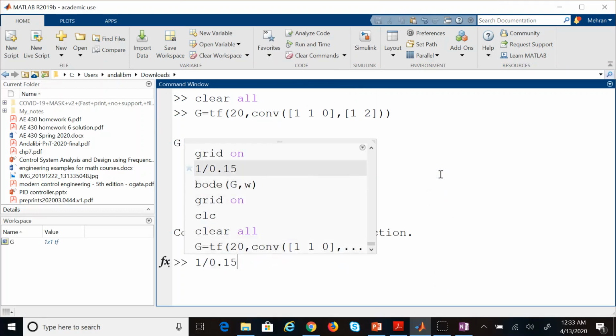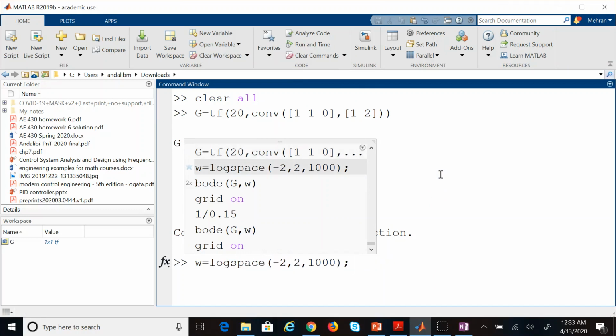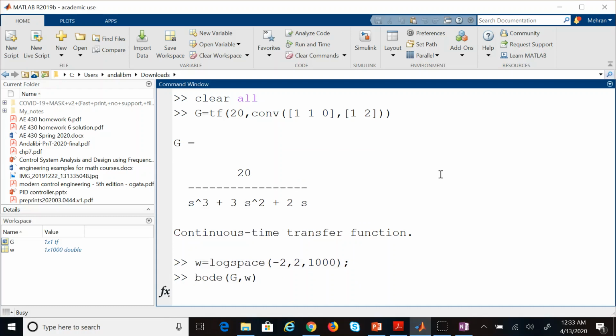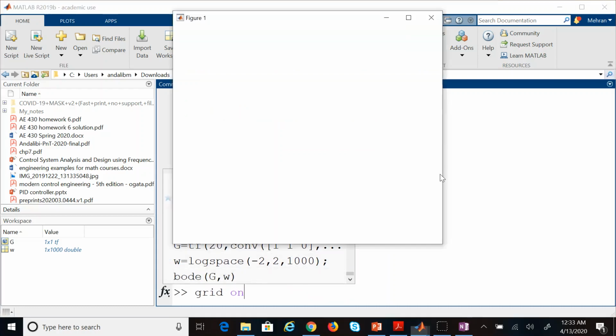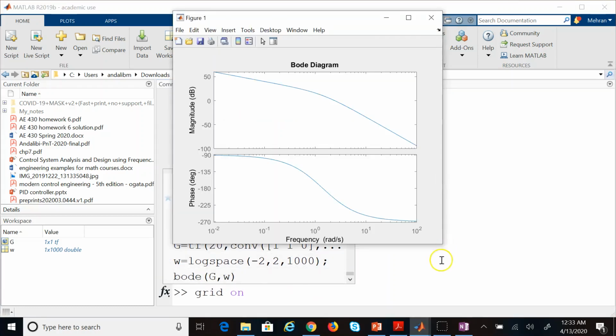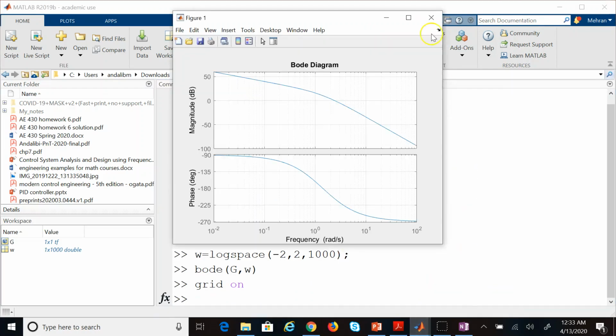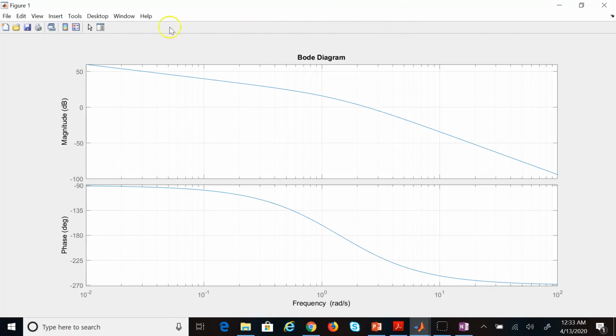And we determine again a wide range of frequencies, and then draw the Bode plot, and then we read on. Okay, so now it says in this system, which is called G1, you will find the new phase crossover frequency.